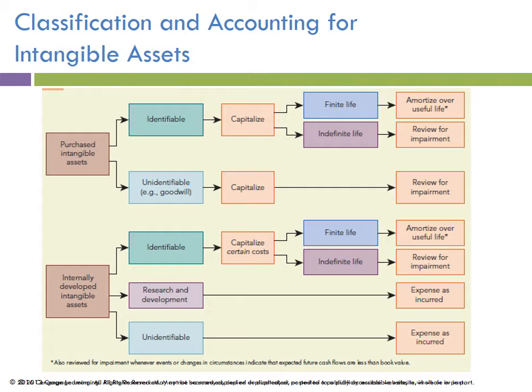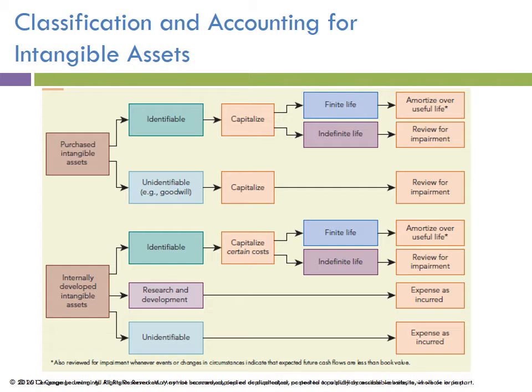If it has an indefinite life, we always review it for impairment each year. If it's an unidentifiable intangible, such as goodwill, we capitalize it and we review it for impairment each year. So if there's a loss due to impairment, we would record that as a decrease in value.